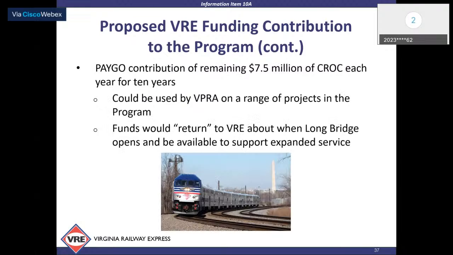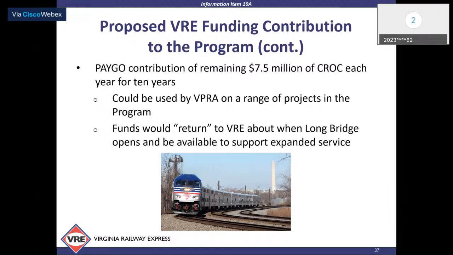So then the counterpart to the debt component, of course, is the PAYGO or the cash component, which is the other $7.5 million per year. Our initial discussions with DRPT have centered on using these funds for projects that have a clear benefit for VRE. So things like the Long Bridge, things like the bypass in Springfield, and things like the Alexandria 4th track.